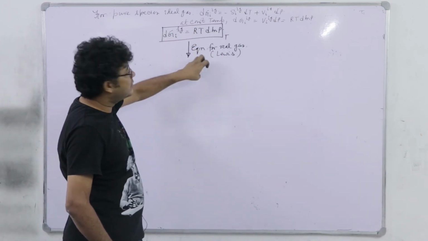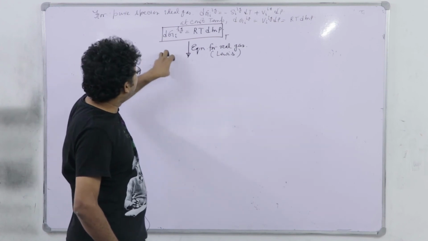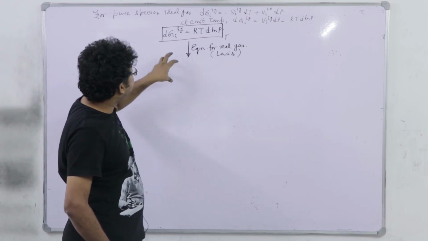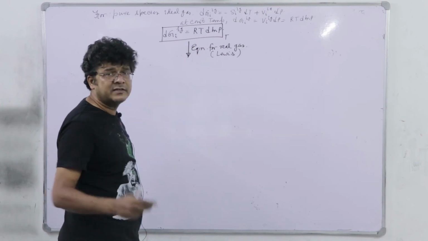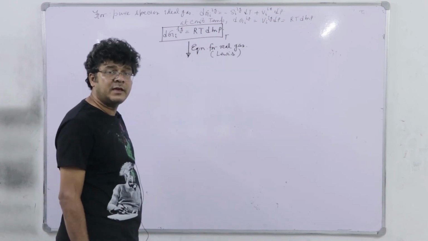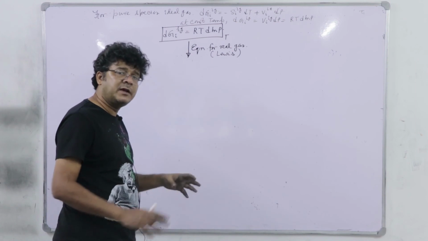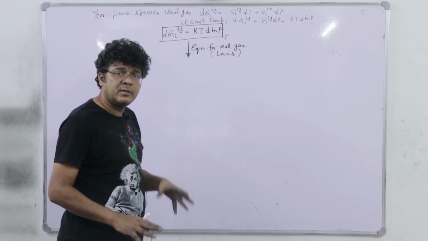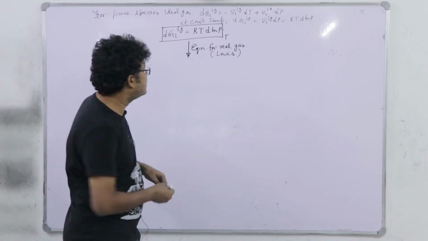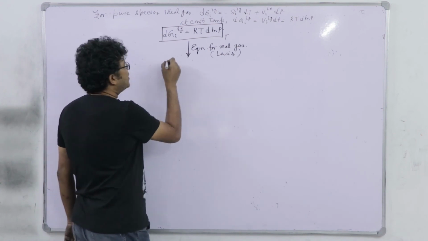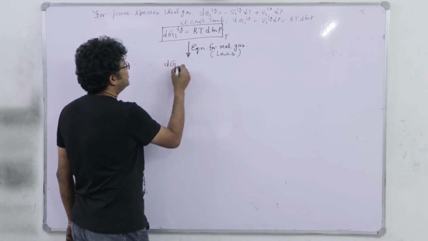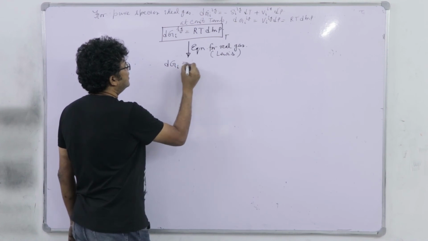Here, what was the strategy? We will keep the mathematical form of this differential relation between independent and dependent variable the same. The dependent variable will also be kept the same, but the independent variable we will change. But we do not know what the independent variable is, that is the beauty of this concept.